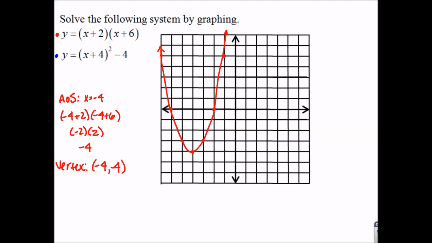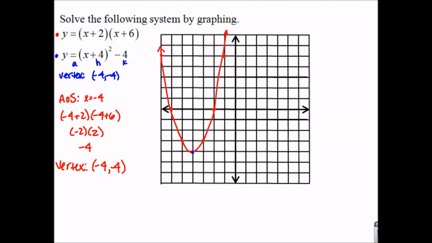Our vertex is going to be negative 4, negative 4, because remember you always switch the sign of h. You have a, h, k. So our vertex is going to be negative 4, negative 4, which is the same vertex as the other graph.